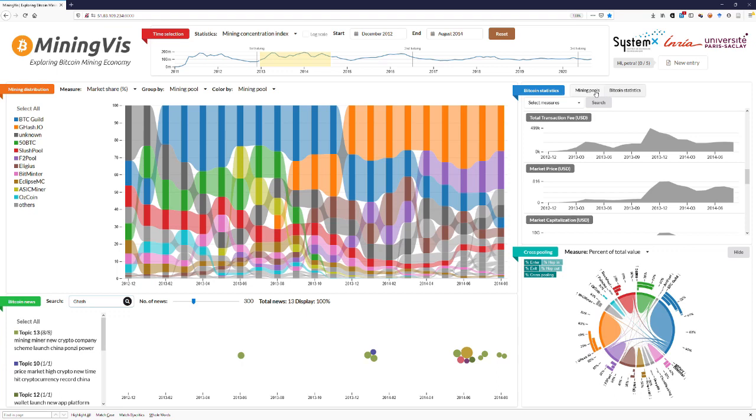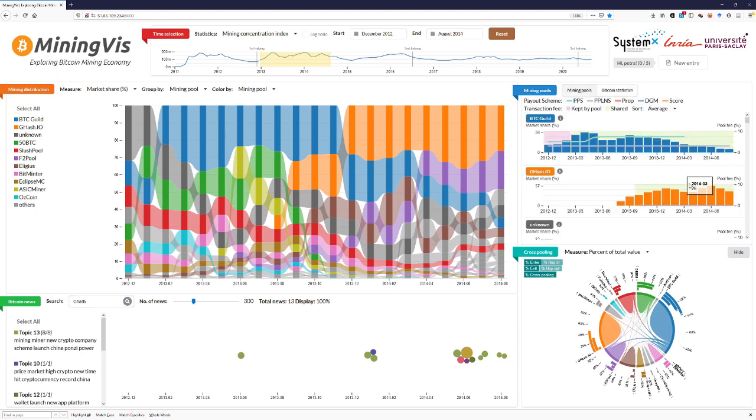Looking at the detailed view again, we see that Ghash reached its peak market share at 37%. There's also one particular article that seems to say that the market share dropped to 28% as people were leaving in fear of this 51% attack.